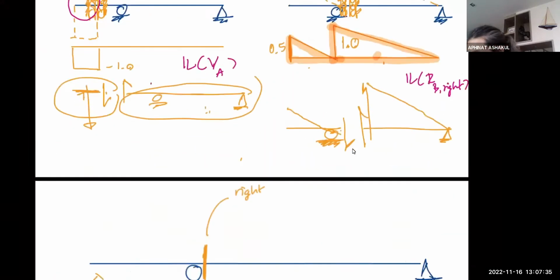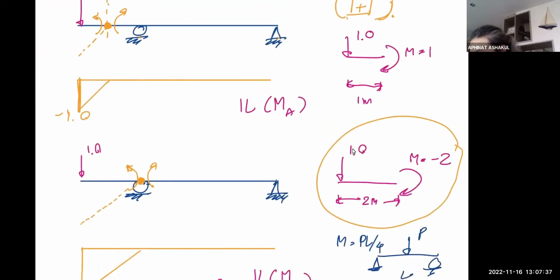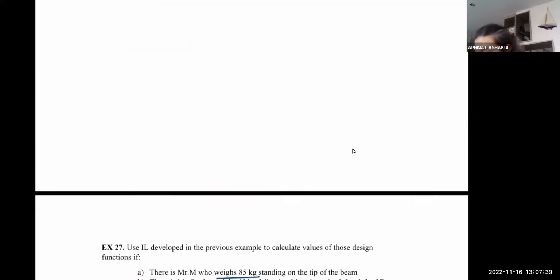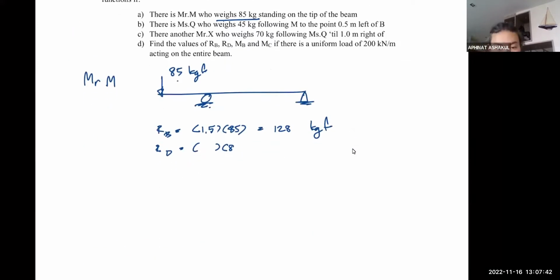So we can just go back and finish our work. Minus 0.5 multiplied by 85. So it's like 42.5, right? 42, minus 42. Am I right? It's just a round off number, but when you check the sigma Fy here, it should be 85.